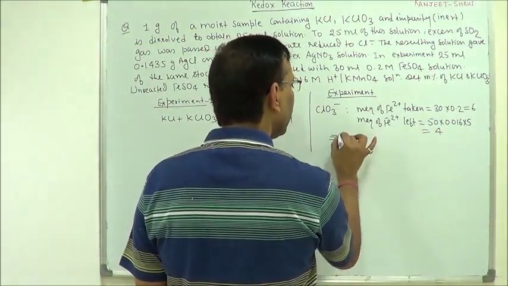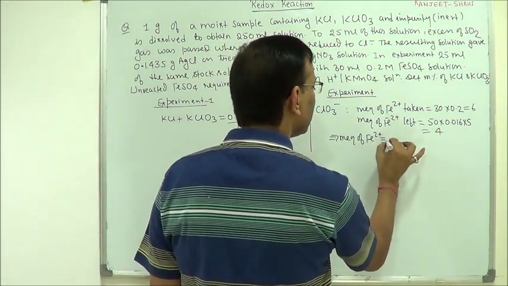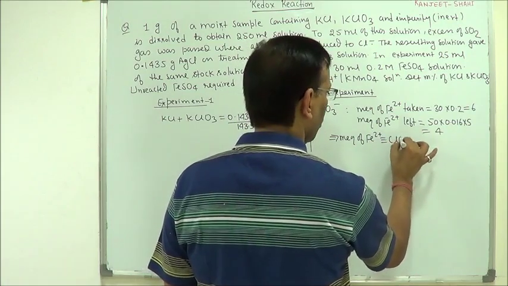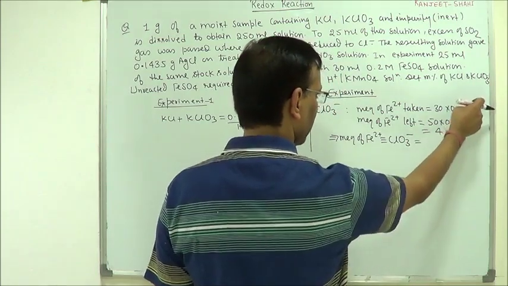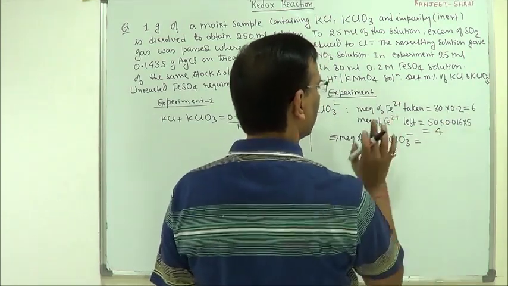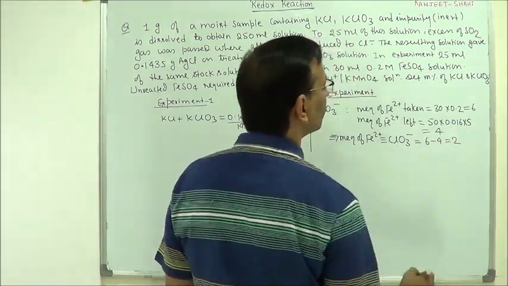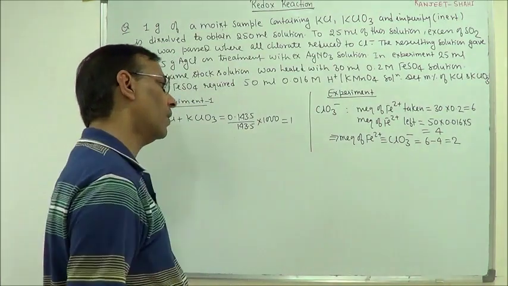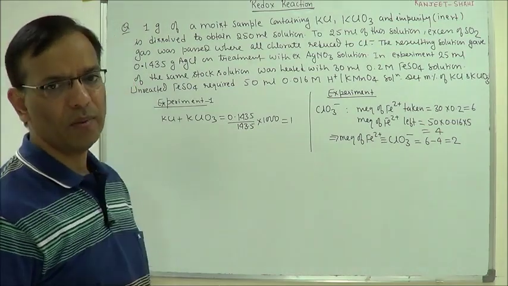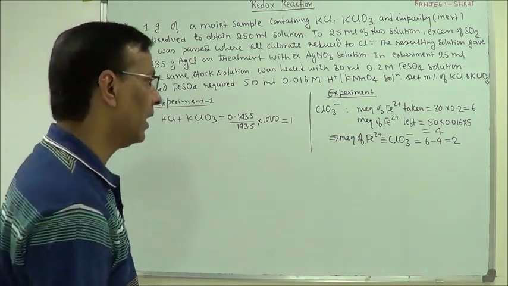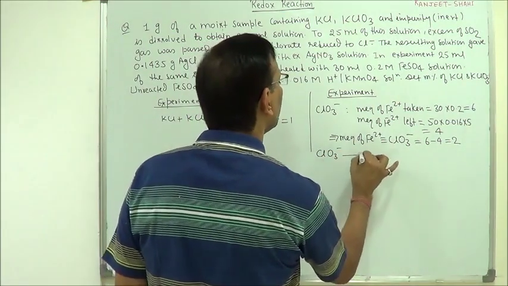So milliequivalent of ferrous ion reacted with ClO3 minus will be equal to 6 minus 4, taken initially minus left, so difference reacted with ClO3 minus, so 6 minus 4, 2. So this 2 is the milliequivalent of chlorate in 25 ml of solution, and chlorate is being reduced to chloride.